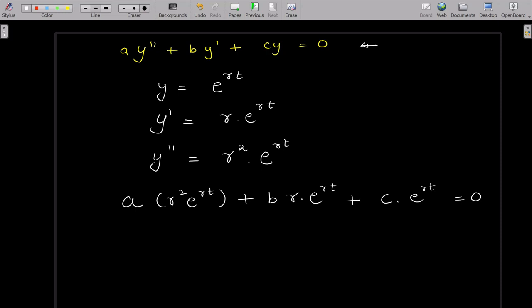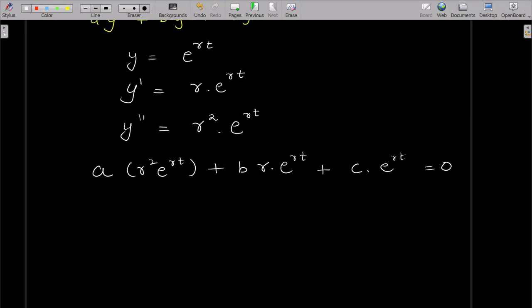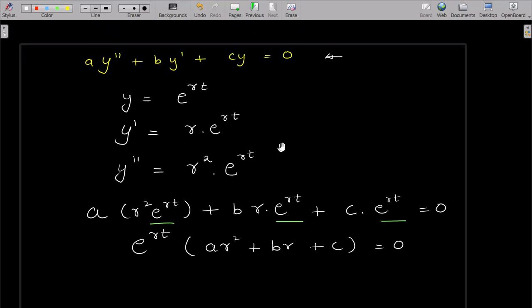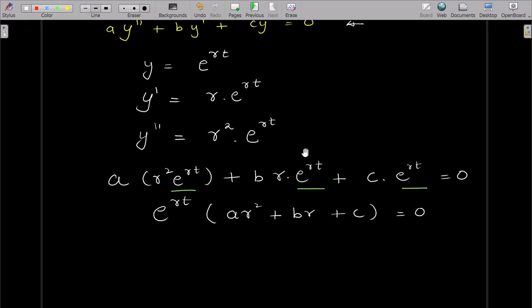Now we'll try to solve this for r. So e to the power rt can be factored out. We factor it out, so we get e to the power rt times a r square plus b r plus c equals 0. Now we'll use the zero product property.